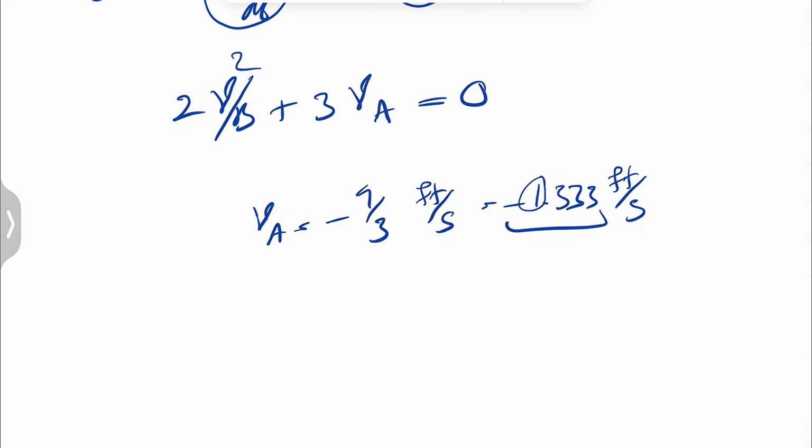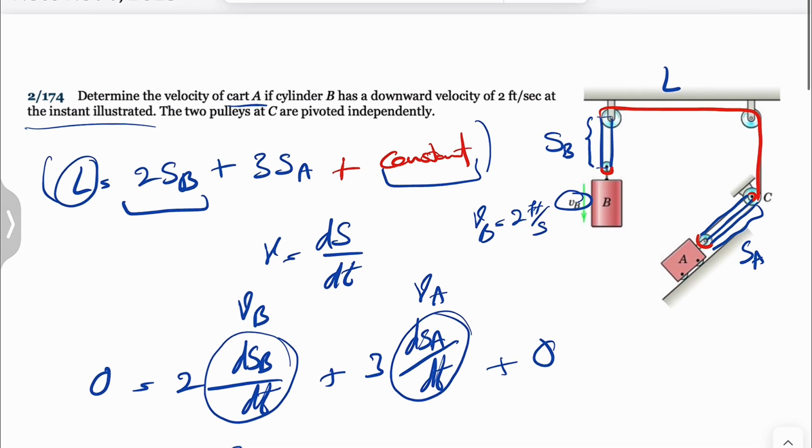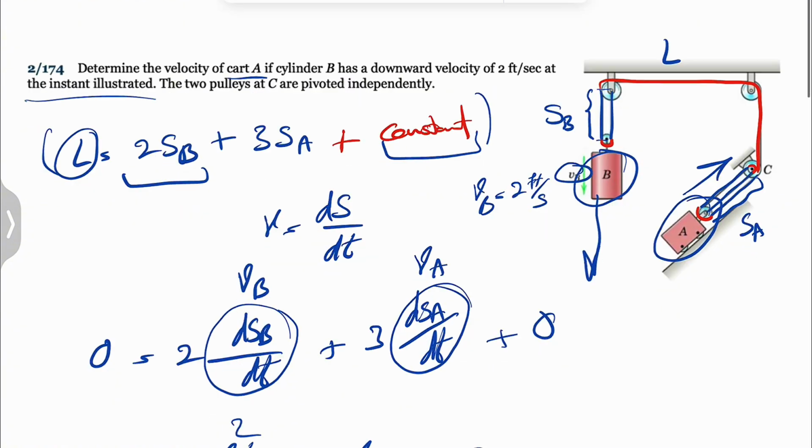As we talked about, for engineering problems we usually go with 3 significant figures unless the number starts with 1, and for that we go with 4. The negative sign shows that the direction is opposite. So once this cylinder goes down, cart A is going to go up the incline.